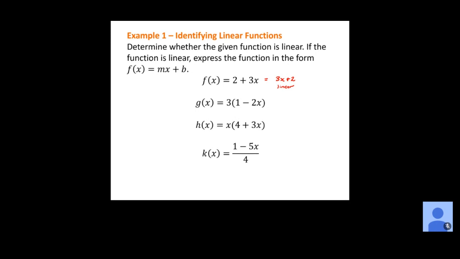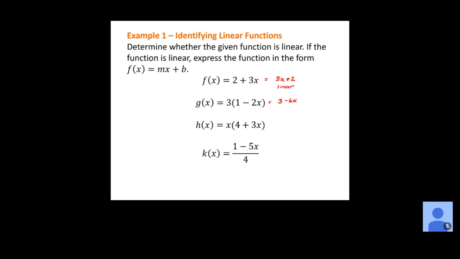So what about g of x? What can we do to that one? Distribute. If I distribute my 3, that's going to give us 3 minus 6x. And then could I get that into that mx plus b form?